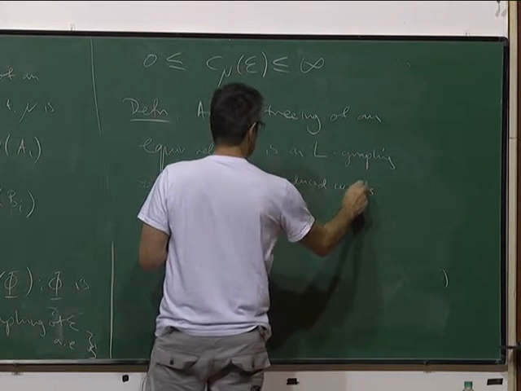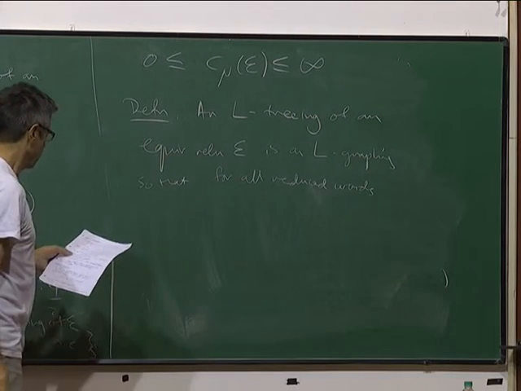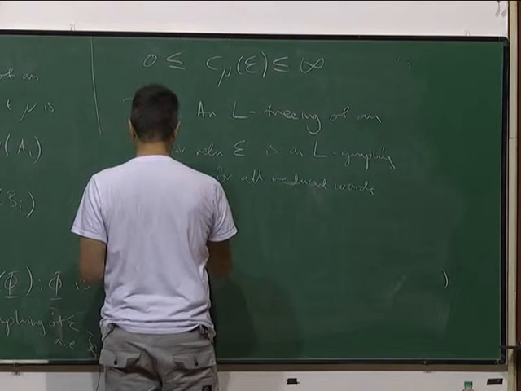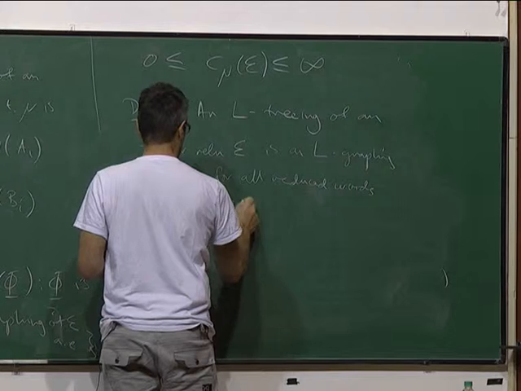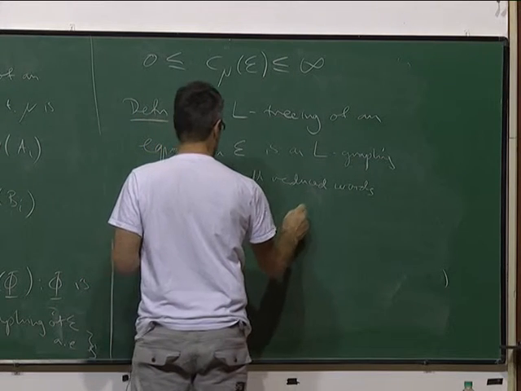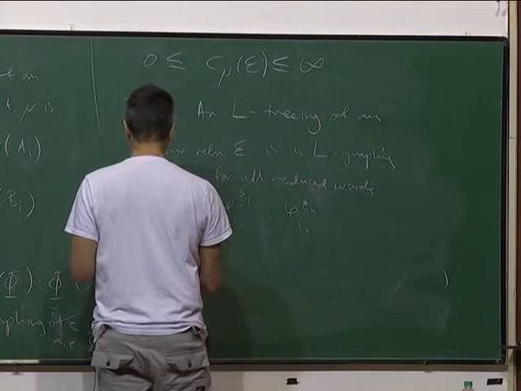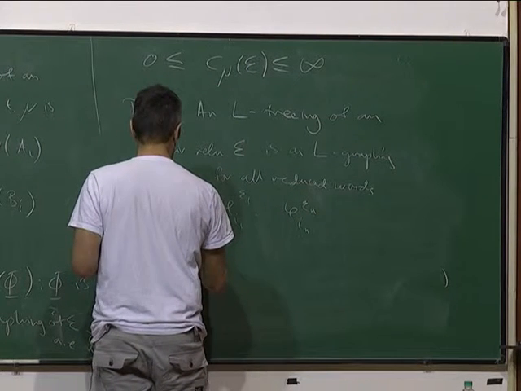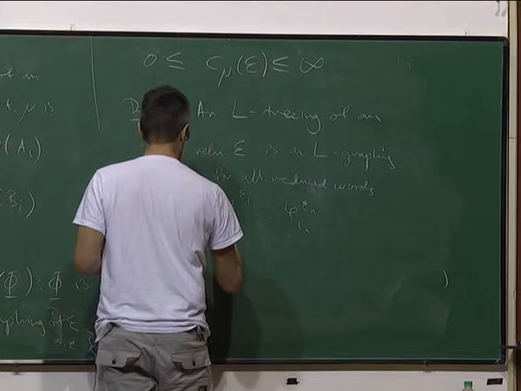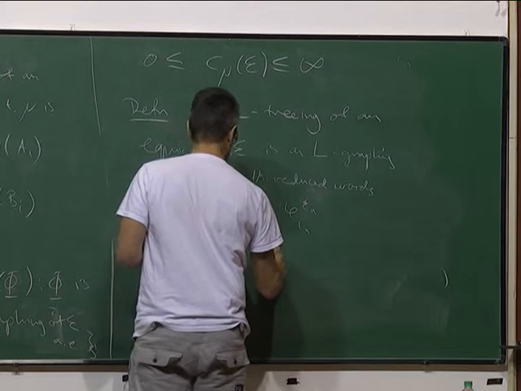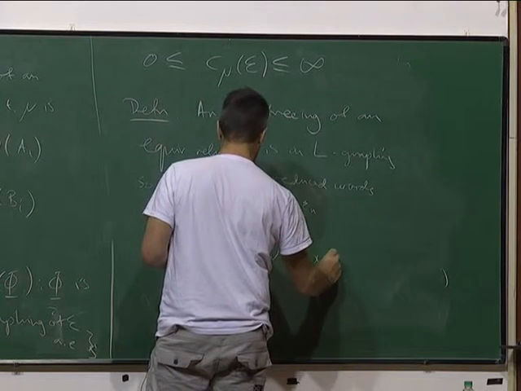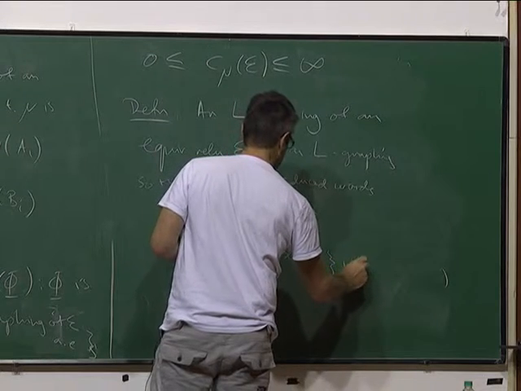So the best sort of graphing is a treeing, and that says you take any word like this, phi I1 to the epsilon 1 up to phi In to the epsilon n, then the set of all x in the domain of the word such that Wx equals x is empty.